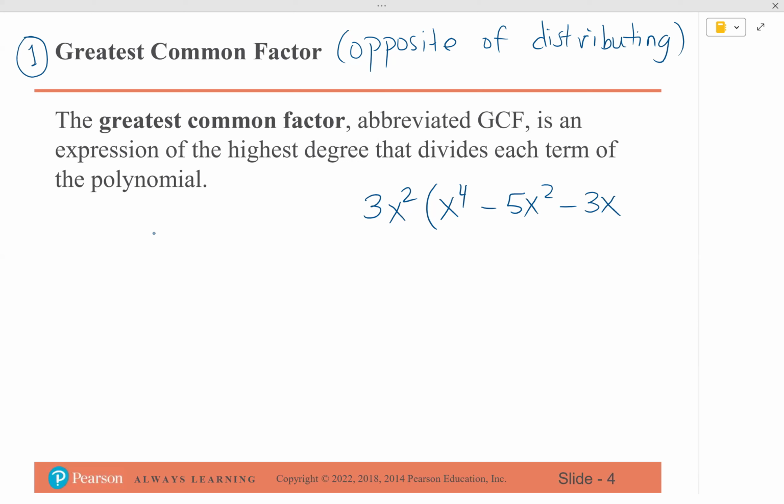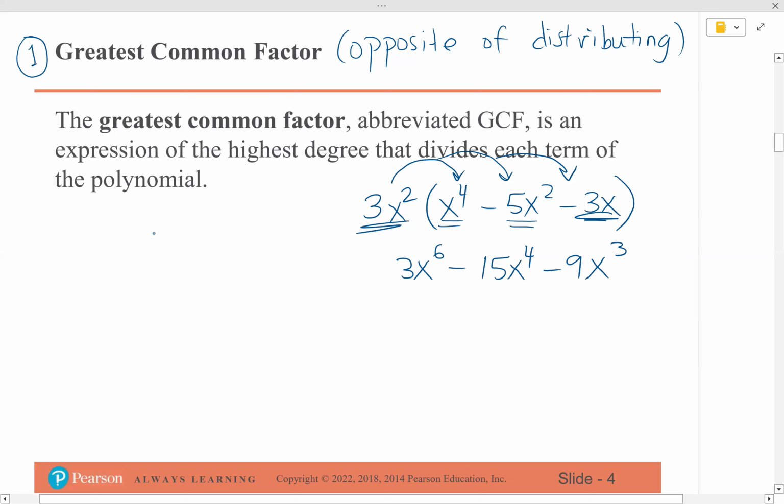And then we distributed it. So 3x squared times x to the 4th, and then 3x squared times negative 5x squared, where I'm just adding powers here. 3x squared times negative 3x would be negative 9x cubed, powers added together, 2 plus 1 is 3.